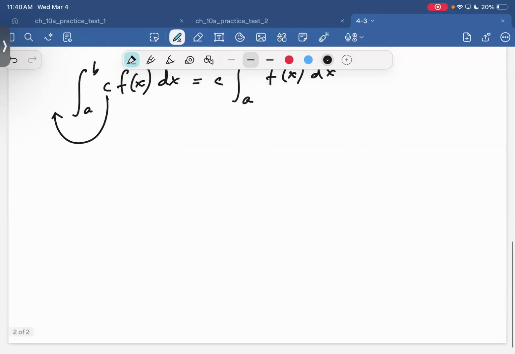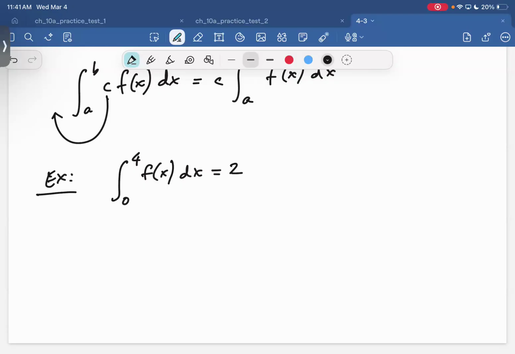So, for example, what's a good example? I think these are all fairly straightforward here. But you should think in terms of the area, right? So as an example, let's say we're told that the integral of f of x from 0 to 4 is equal to 2.